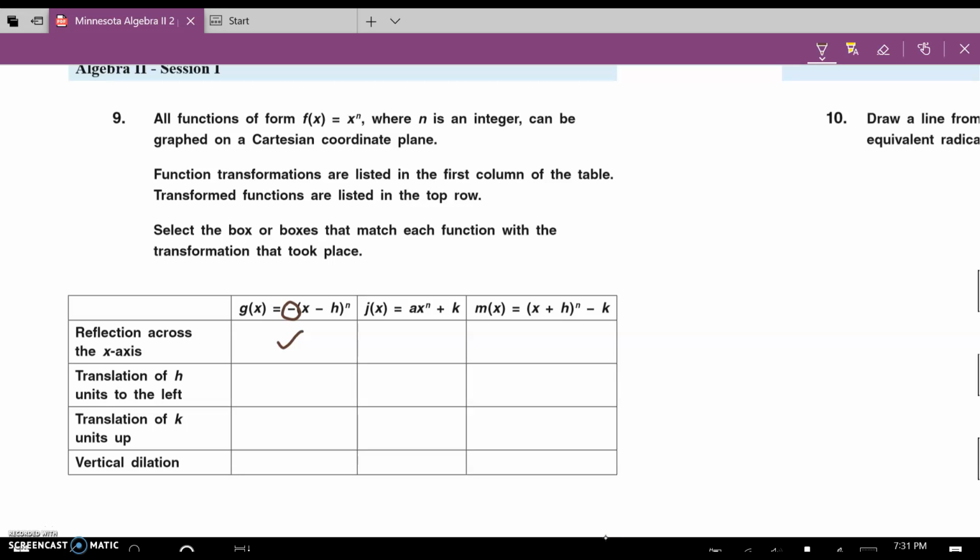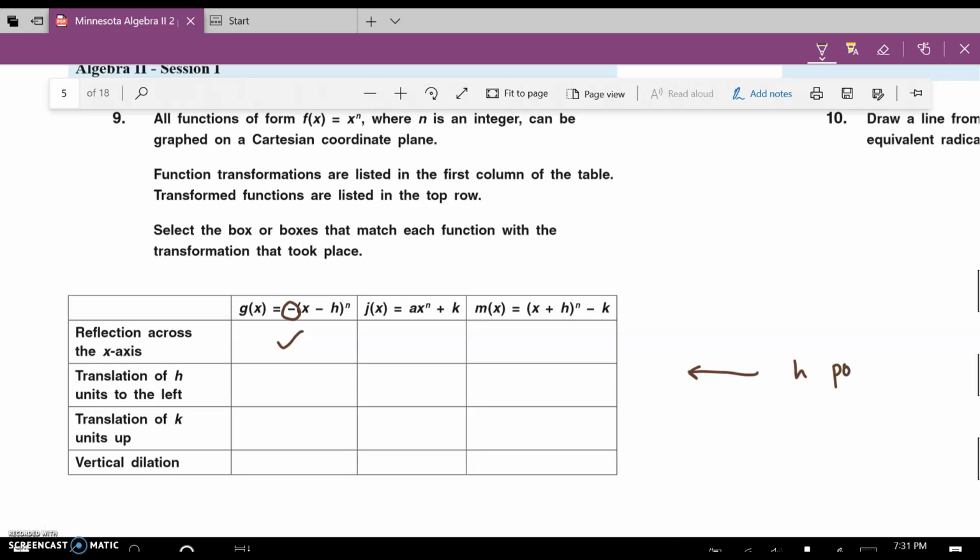We know that left means that the h is going to be a positive number, right? Because that's opposite of what we normally think. We would think that going to the left would make it negative, but h is always going to be opposite, so that means it's going to be positive. So your h is going to be positive, just like right there.